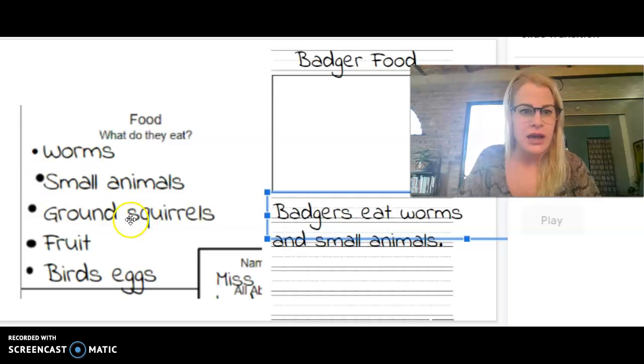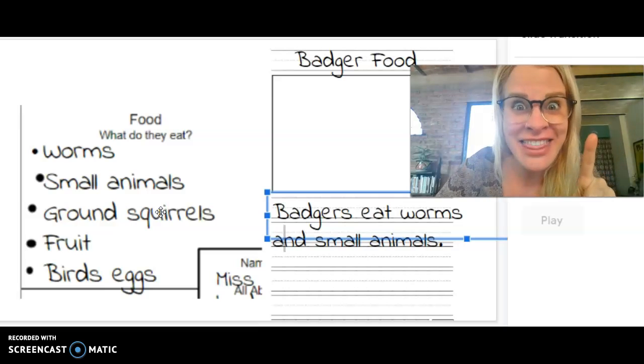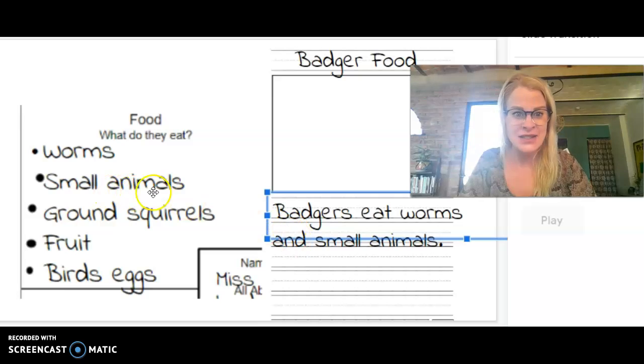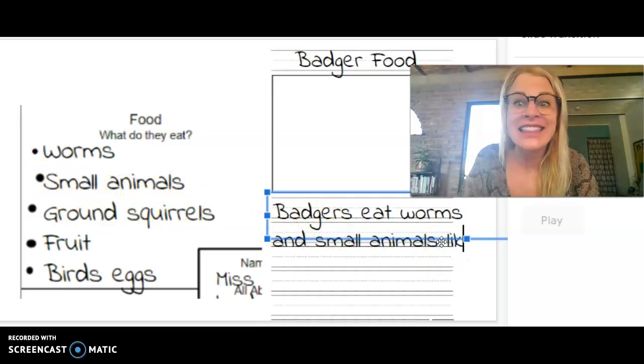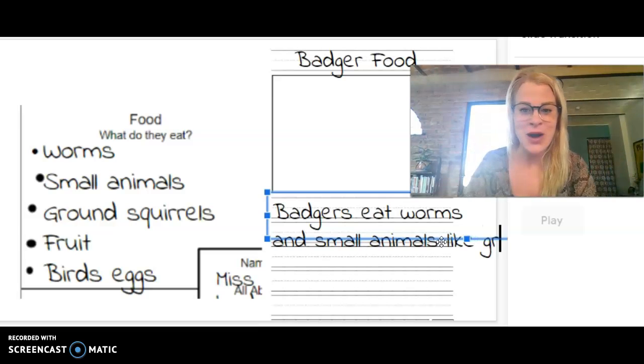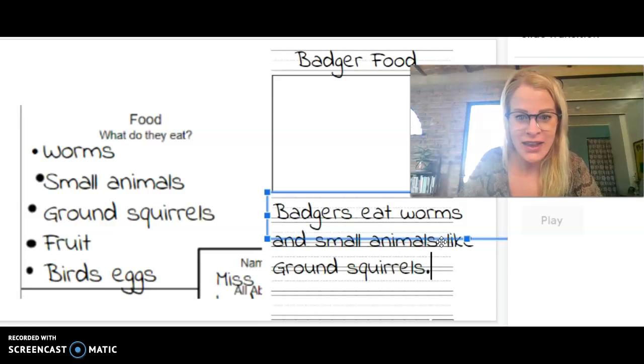Okay. And small animals and ground squirrels? Should I do a new sentence about ground squirrels? I'm going to use another connecting word. Badgers eat worms and small animals like, that's another connecting word, ground squirrels.